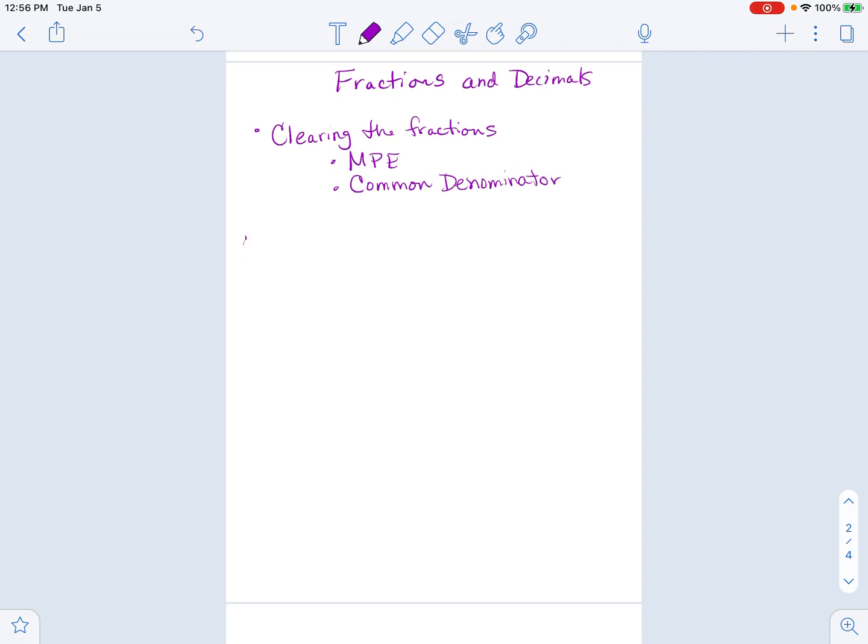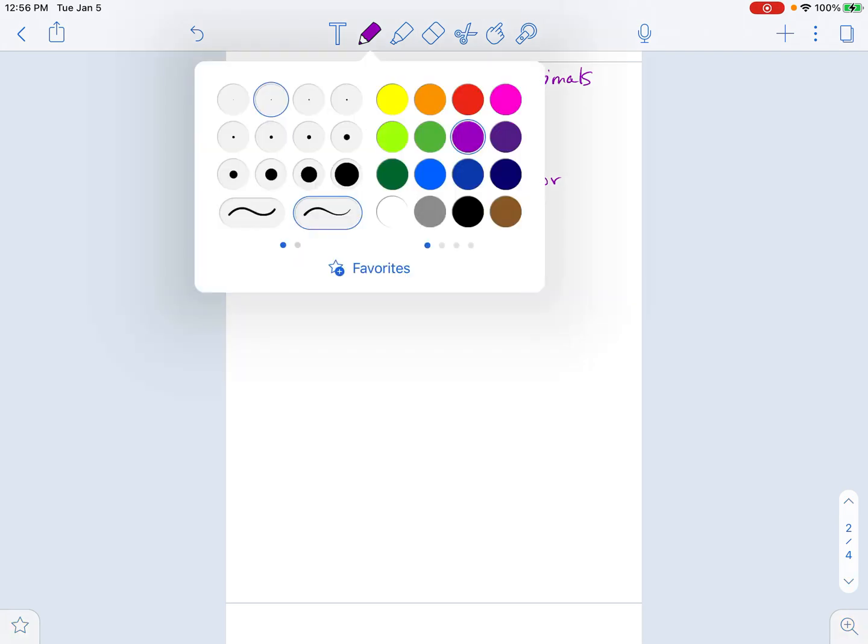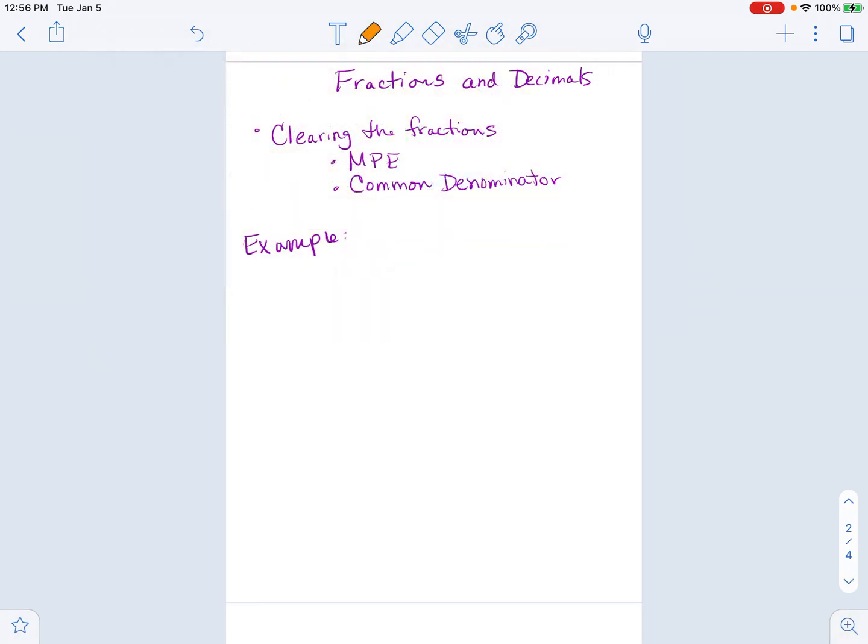Let me show you what this might look like. Here's an example. If I had the equation 2b over 5 plus 3b over 4 equals 3, you're probably asking yourself, oh my goodness, there are fractions in here. How do I combine these together? Both of the terms on the left side have just a b.